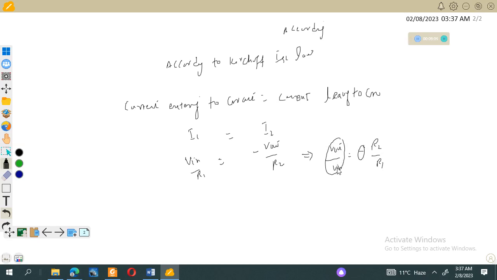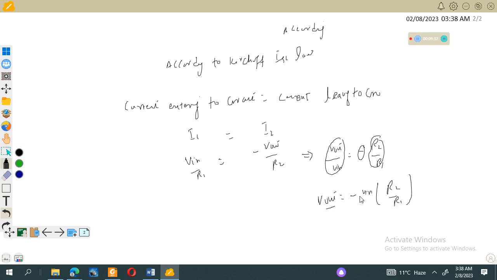This means both have opposite signs. This depends upon the ratio of resistance R2 and resistance R1. It does not depend upon the internal structure of the operational amplifier. So output is equal to minus V input multiplied by R2 over R1.